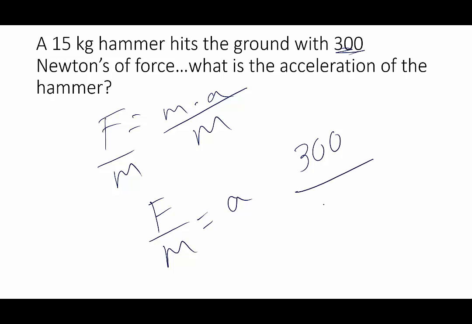Divide that by our mass of 15. That's going to give us our acceleration. When we divide 300 by 15, we get 20. Acceleration equals 20 meters per second squared. All right, I hope this helps.